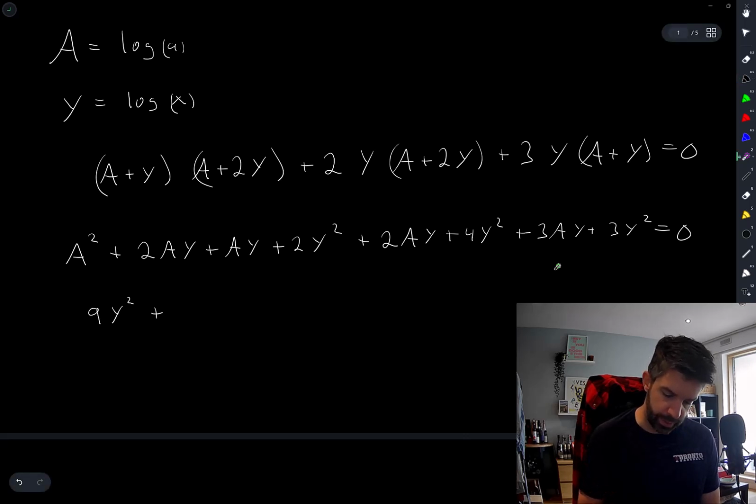And linear in y, I have 3Ay plus 5, 6, 7, 8. And then for the constant term, I think it's just this one, A squared.